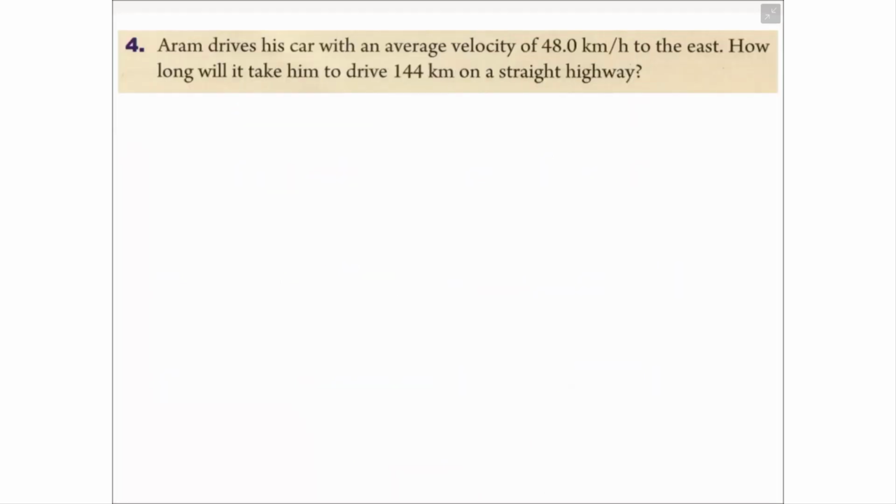In this question it says Aram drives his car with an average velocity of 48 km per hour. So we have average velocity to the east. How long will it take him to drive 144 km straight away? In this question it says how long. How long means it's asking time. In the first step, let's write the givens.